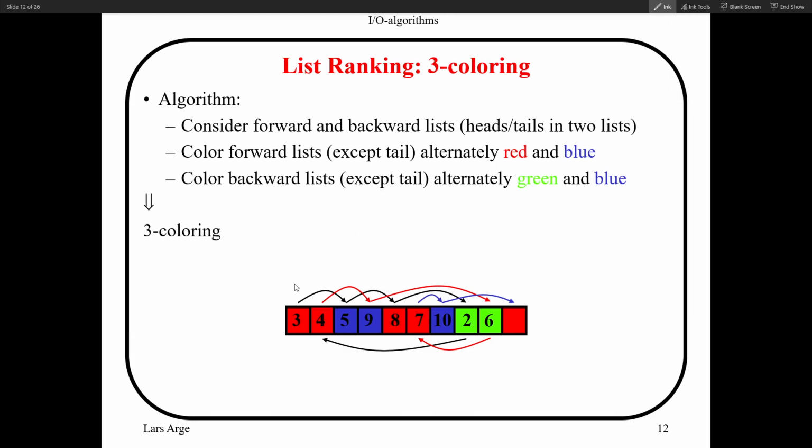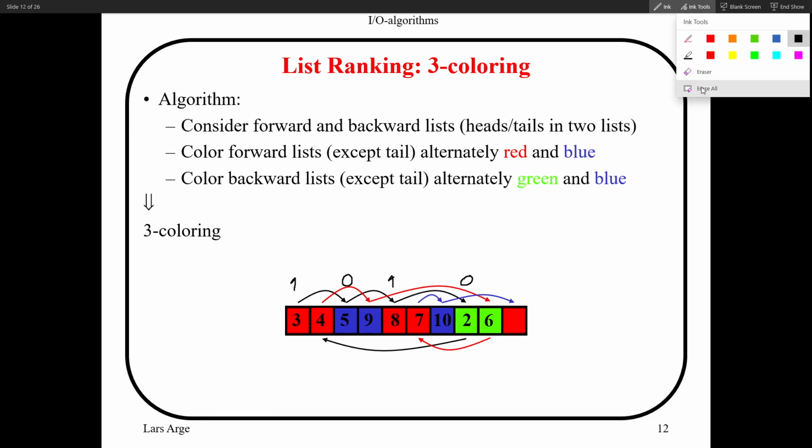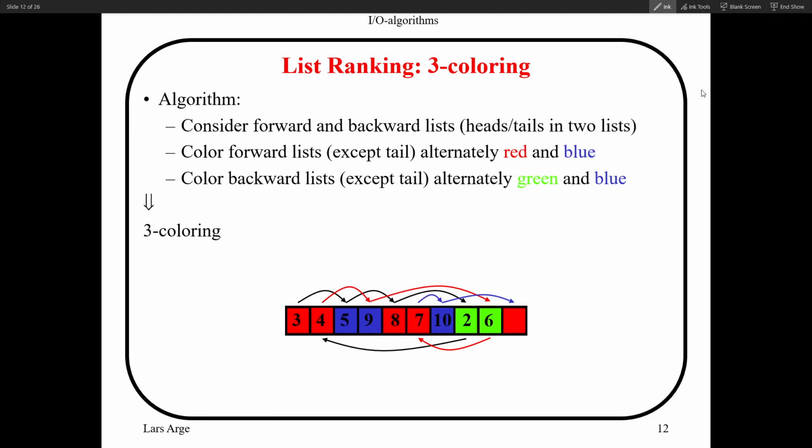Let's look at this black forward list. It is equivalent to coloring everything with zeros and ones, where you go from 0 to 1, 0 to 1, and this is actually almost like list ranking. So it might seem like this process should be as complicated as list ranking, but we're going to use a very interesting idea that will essentially solve this coloring problem for us, and then with that we'll be done with the list ranking problem.